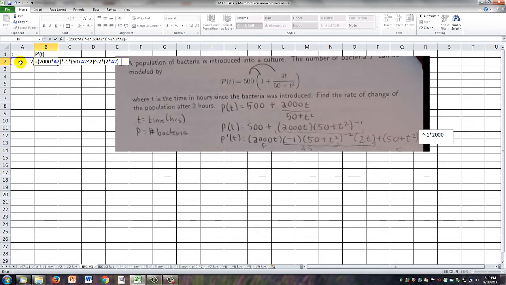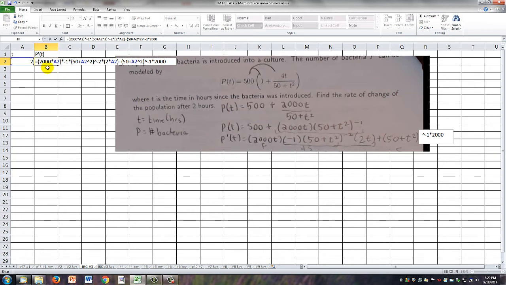Okay, plus, and then towards the end there it's 50 plus t squared, and that is to the negative 1, times the derivative of the first one, which would be 2000. And before I hit enter, let me just check that.